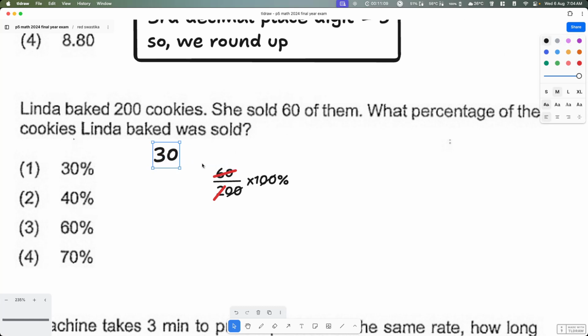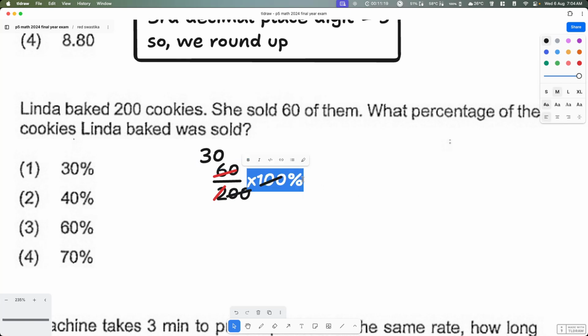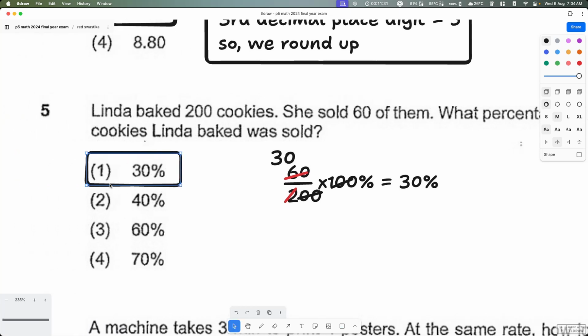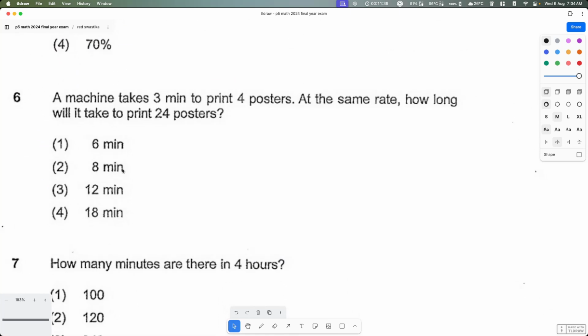Everything else here should be medium as well. So what will this mean? This will then be equal to 30%. So the answer to this is number 1. Okay, for question number 5, let's move on to the next question.